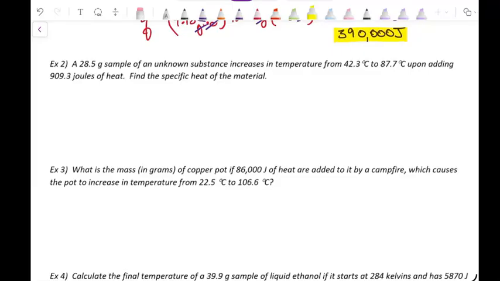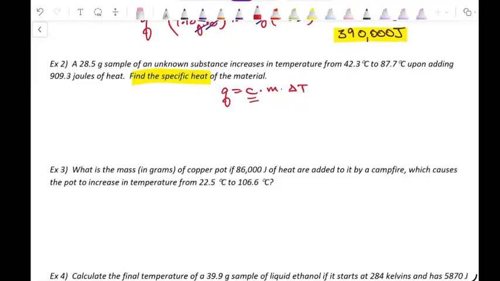Okay, so what are we trying to solve for? So find the specific heat, right? And since it's unknown, it's not on the chart, so we're going to have to calculate it. So how do we rearrange this equation to get C, which is specific heat, by itself?